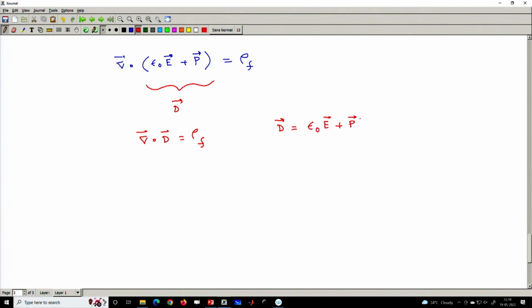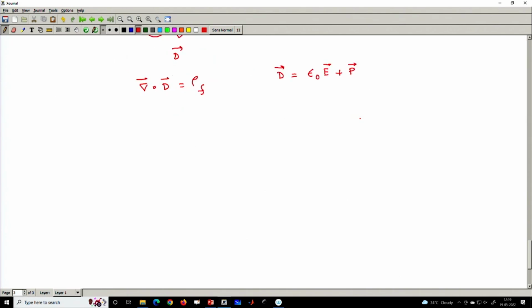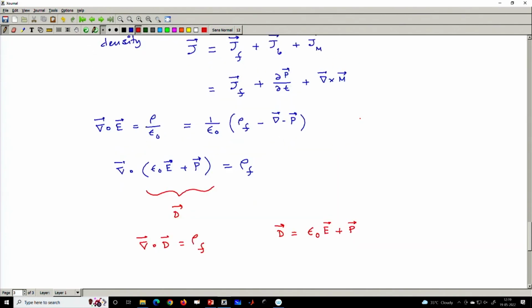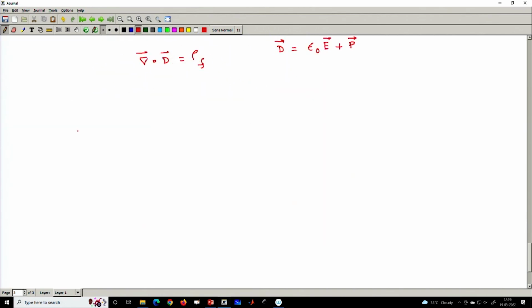Also, these two equations we need to consider where we have the source term. This is equation 1 where we had the source term rho, and equation 4 also is the equation where we had the source term.